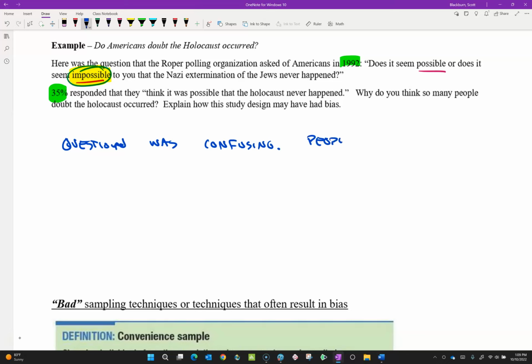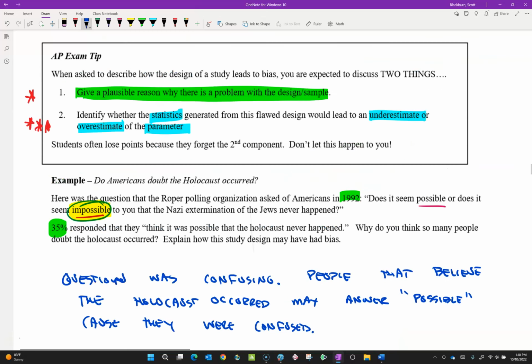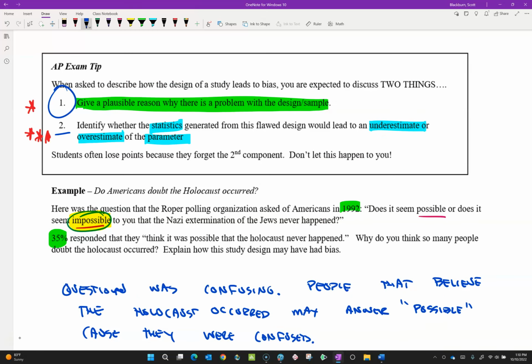People that believe the Holocaust occurred may answer possible because they were confused. Okay? So that's part 1. That's what everybody says. Don't forget part 2.